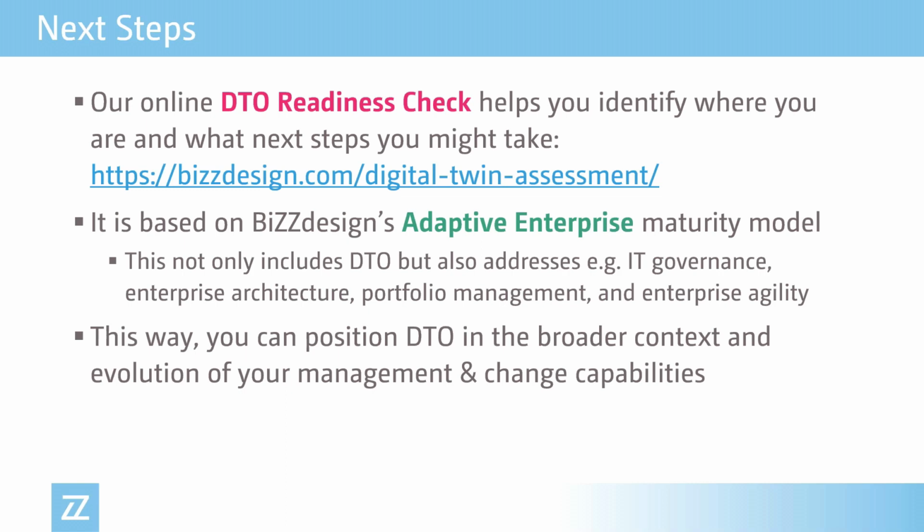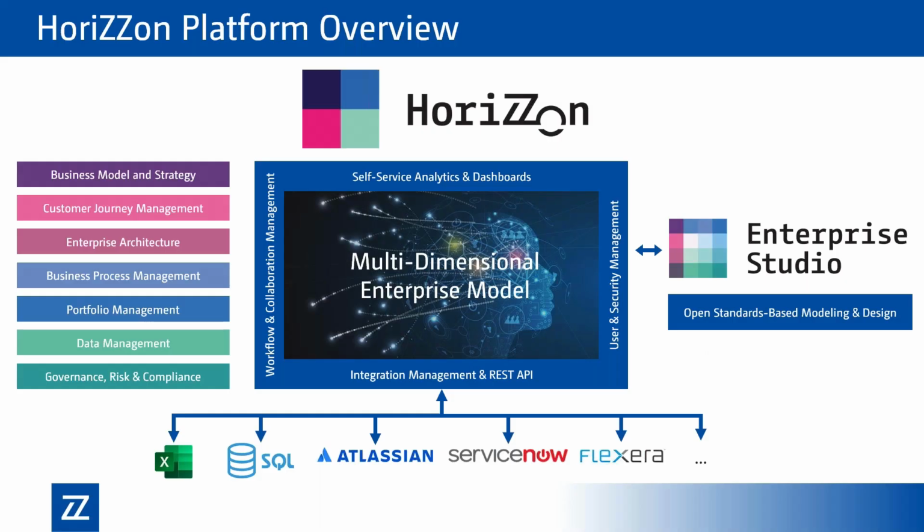And of course, what we also can help you with is a platform that supports this whole concept, this idea of a multi-dimensional enterprise model or stack of models, supporting all these different capabilities on the left, the different disciplines that we support, ranging from strategic modeling to architecture and process management and data management and governance, etc. Horizon is the name of that overall collaboration platform.